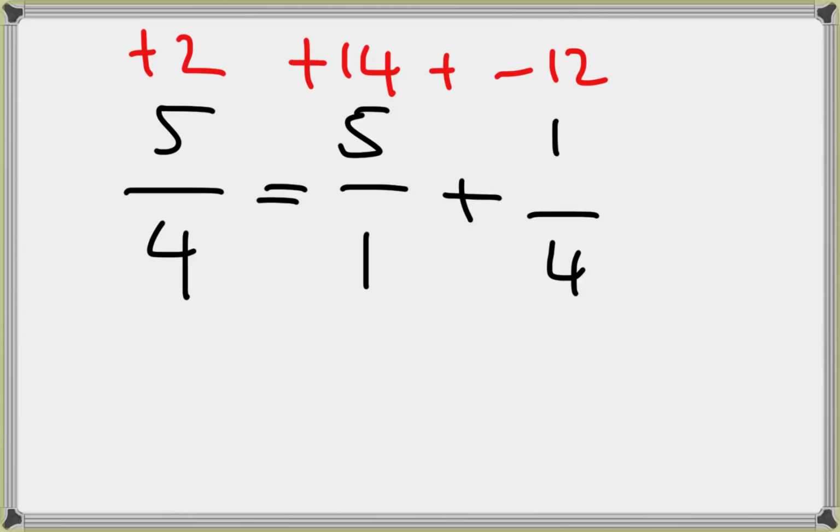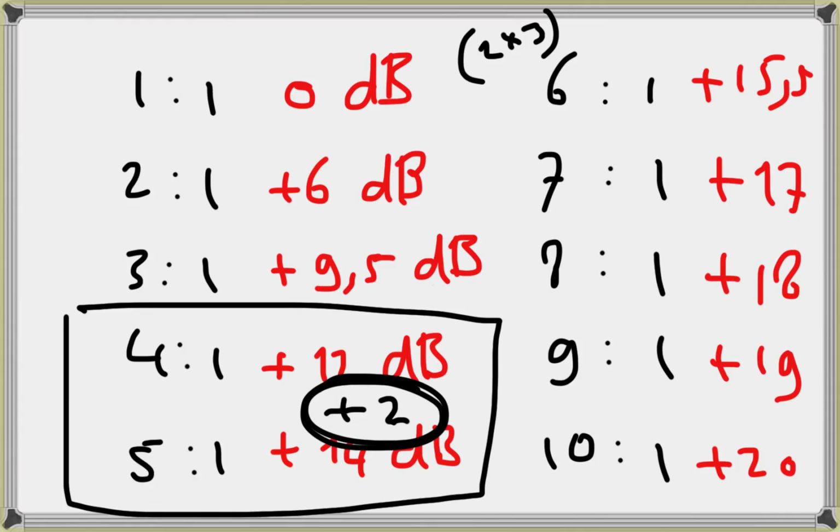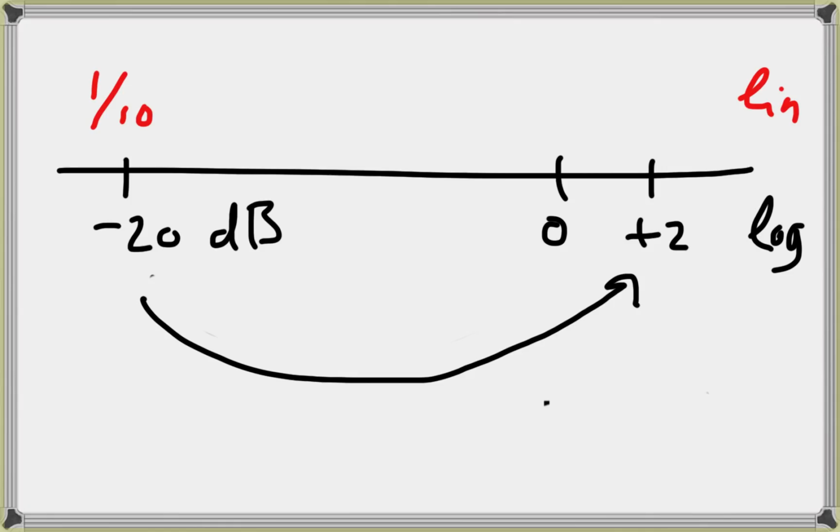So I do know the fraction. It takes some massaging, but the fraction 5/4 belongs with the plus 2 dB, which means I can go back to the original problem, which stated: what is minus 20 decibels and 2 decibels, now that I know that 2 decibels expressed on a linear scale is 5/4.